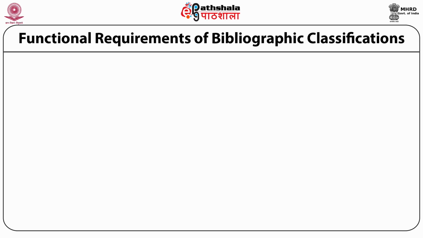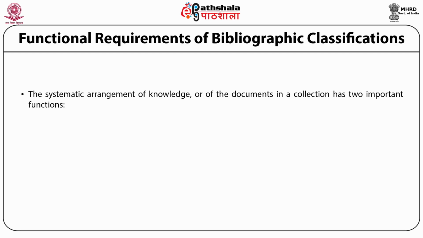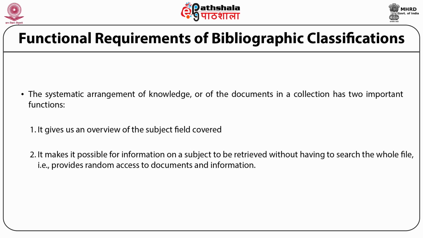Functional requirements of bibliographic classifications. The systematic arrangement of knowledge or of documents in a collection has two important functions. It gives us an overview of the subject field covered. It makes it possible for information on a subject to be retrieved without having to search the whole file. That is, it provides random access to documents and information.